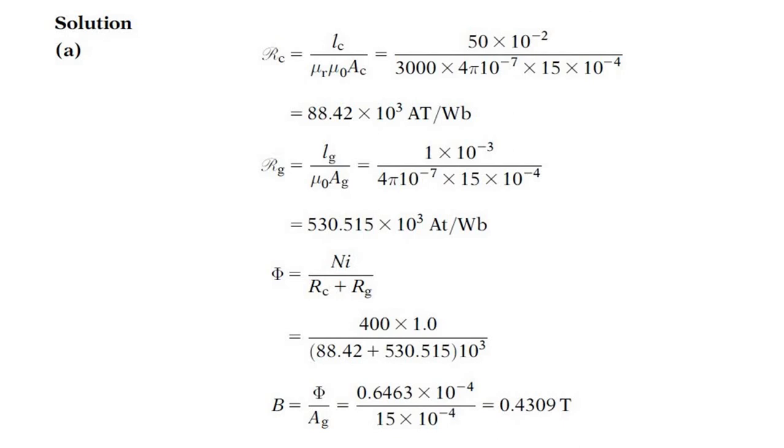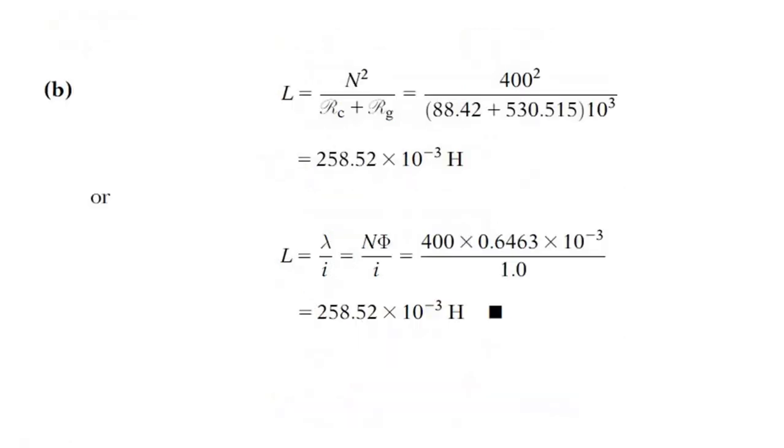So flux is equal to mmf per reluctance, where N is the number of turns, I is the current, and the reluctances of the air gap and the core are added. Then B is equal to phi divided by A. That means flux density is phi divided by A. So the total value calculated for the magnetic flux density is 0.4309 Tesla.